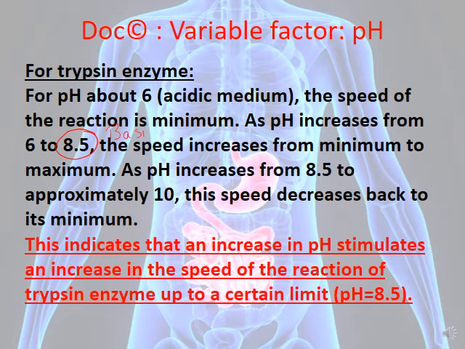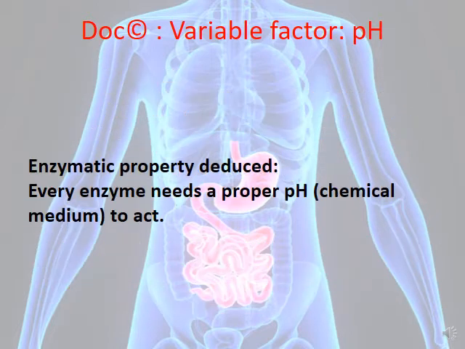And as the pH increases from 8.5 to approximately 10, the speed decreases back to its minimum. What does this indicate? This indicates that an increase in the pH stimulates an increase in the speed of the reaction of the trypsin enzyme up to a certain limit, which is 8.5. So trypsin works best at an optimum pH that is basic, 8.5.